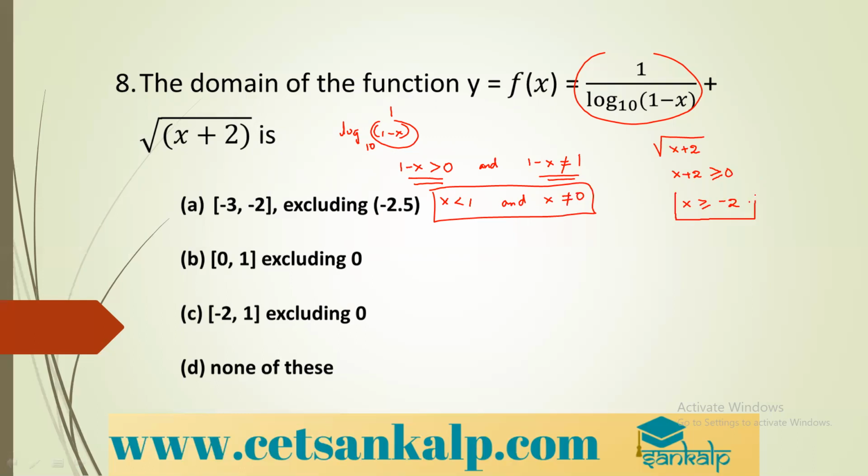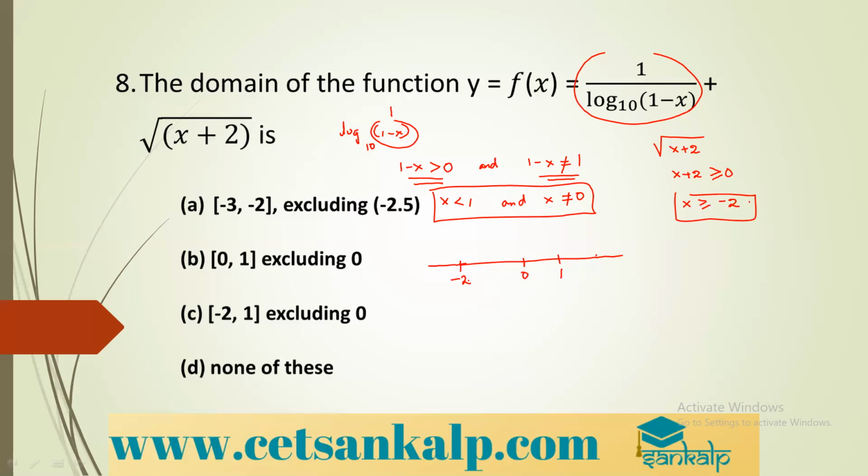This is another important thing which we have to keep. Now on the number line, the important numbers you will take are minus 2, then 0, and 1. Of course, this is the number line. I will write like this.